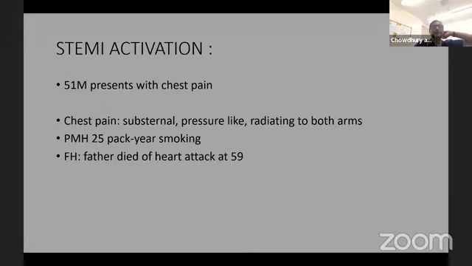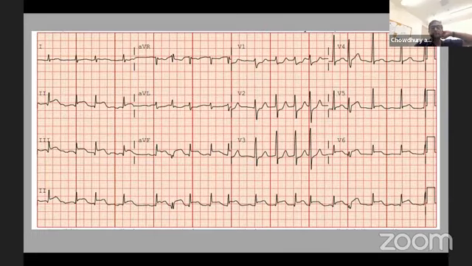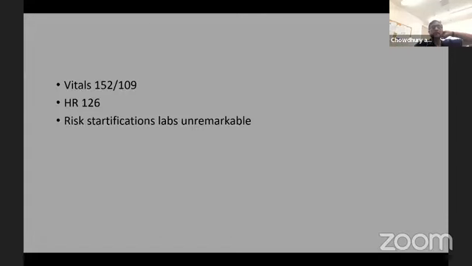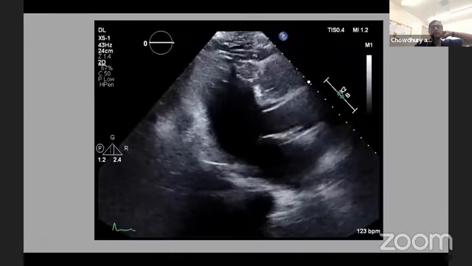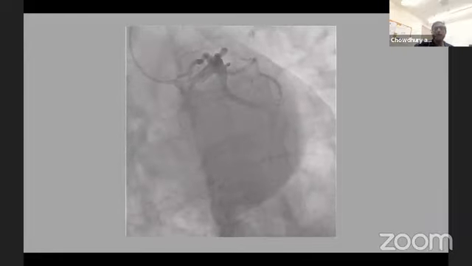Okay, 51-year-old with chest pain. Father had MI at 59, this EKG. I wanted to show you this.